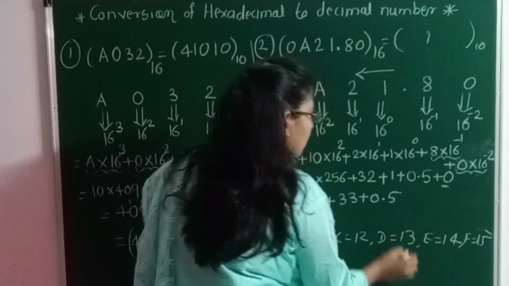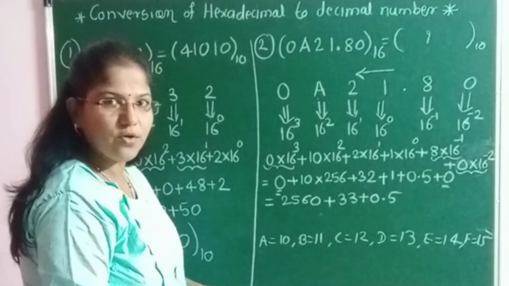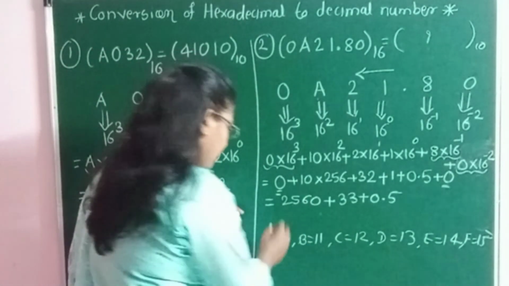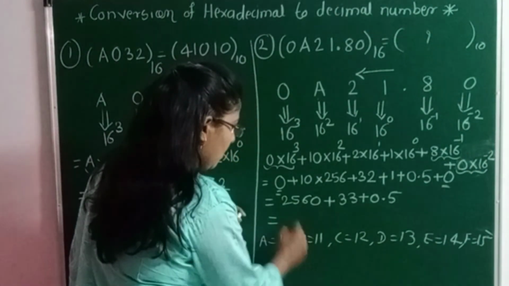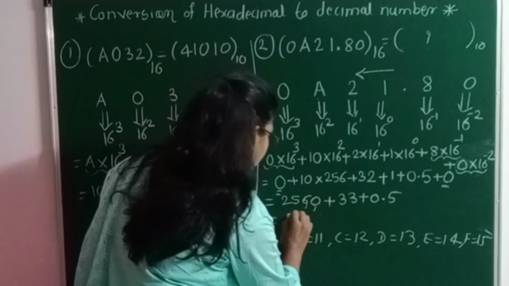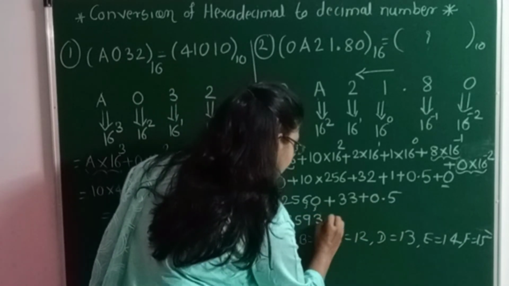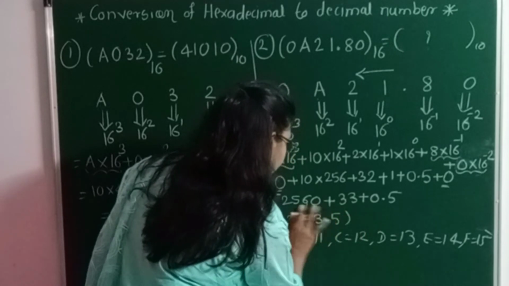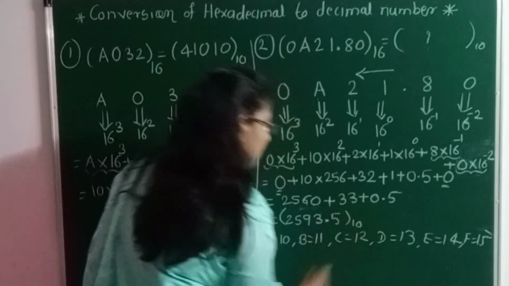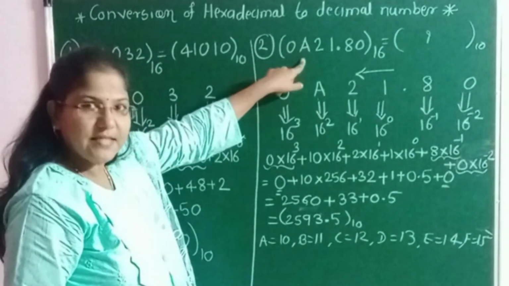Now we will ignore this 0 as well as 0, because when we add 0 to any value, it's not going to change the result. Now the final value is 2560 plus 33. Here it will become 2593 and plus 0.5. So here 0.5. This is nothing but the equivalent decimal number for the given hexadecimal.